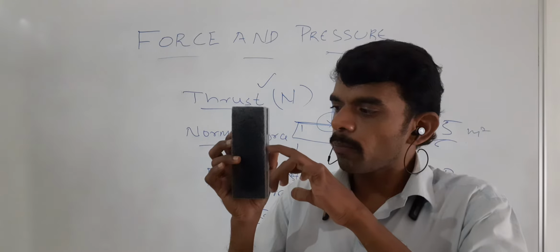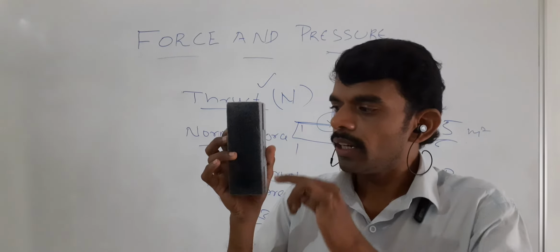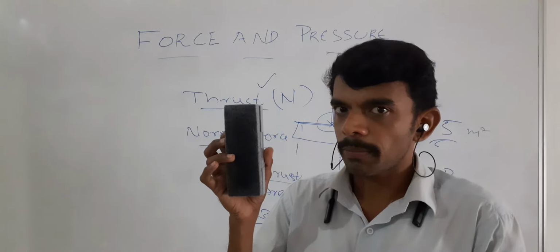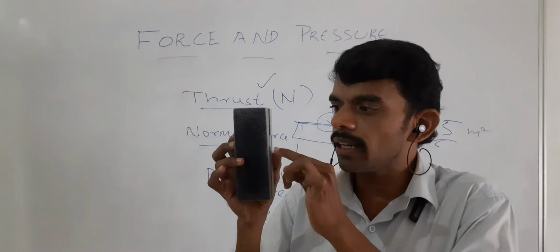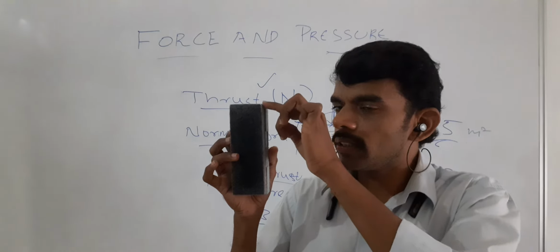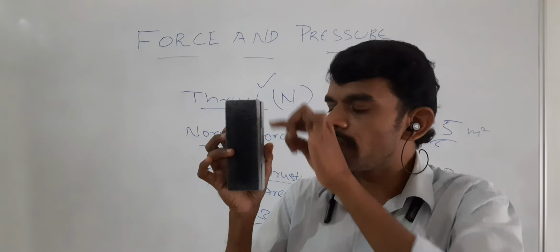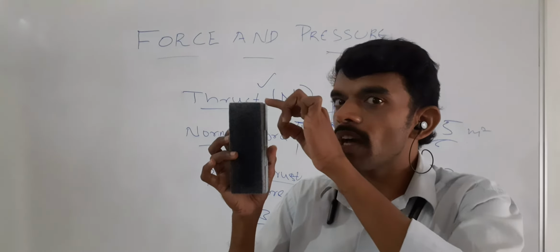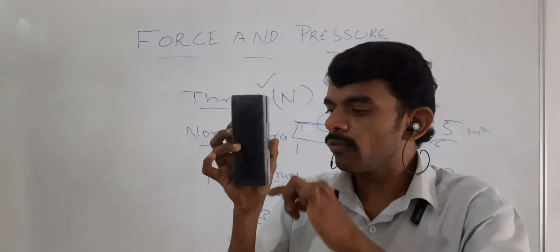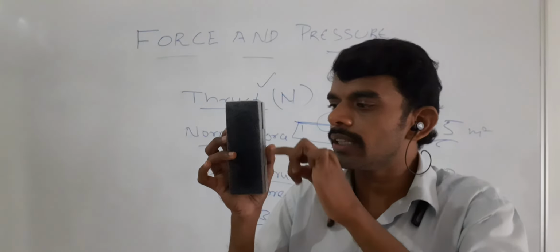If you are considering a point here and a point here, the pressure will be more here than here, because from top to here the height of the water column is more. From where do we have to measure? We have to measure from the top.